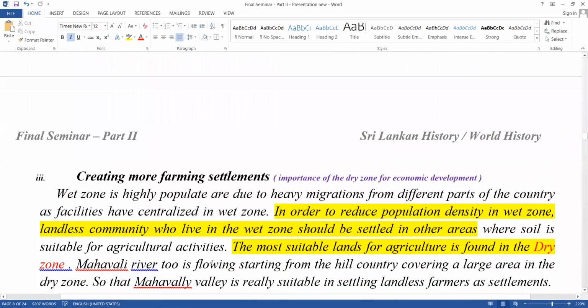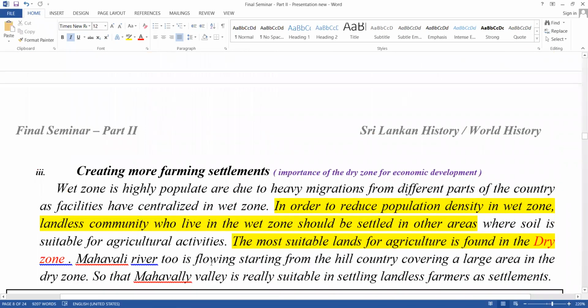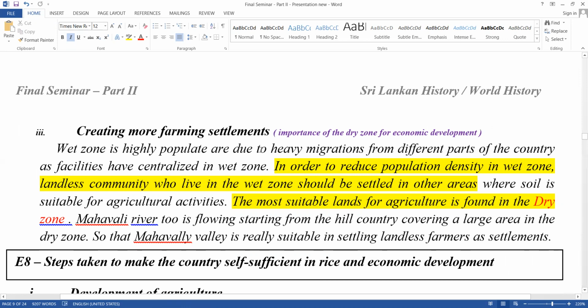Okay, this one. Creating more farming settlements. The importance of the dry zone for economic development. The dry zone is very important to start farming settlements. So that means the importance of the dry zone for economic development. If a question comes like that: the wet zone is highly populated due to heavy migrations. In order to reduce population density in the wet zone, the landless community who live in the wet zone should be settled in other areas.